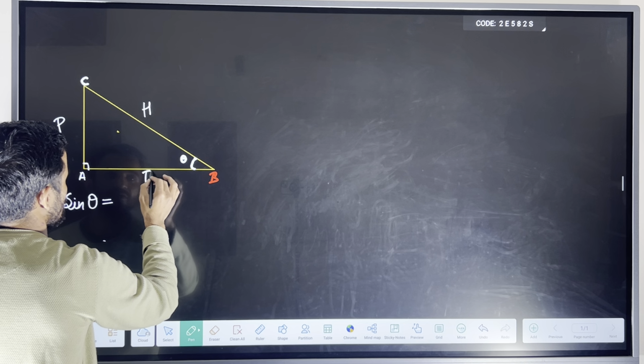Similarly, inverse of tan, the fourth ratio, cot theta is equal to base upon perpendicular. Now inverse of cos theta, the fifth ratio, sec theta is equal to hypotenuse upon base. And the last one, cosec theta is equal to hypotenuse upon perpendicular.